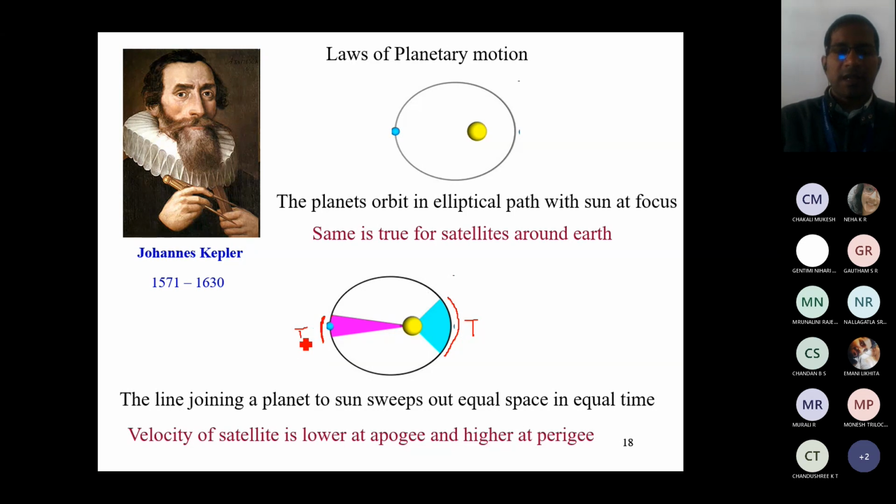So from this we derive one conclusion: when the satellite is located at apogee, it travels with less velocity, and when the satellite is at perigee, it travels with high velocity.